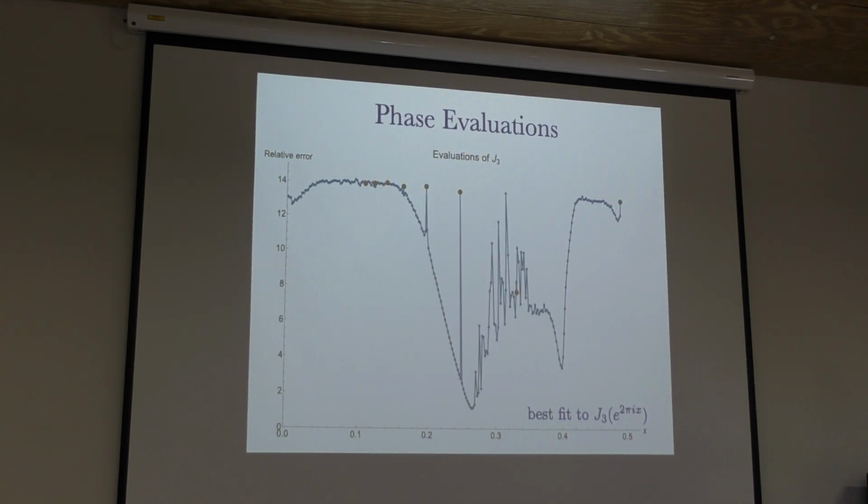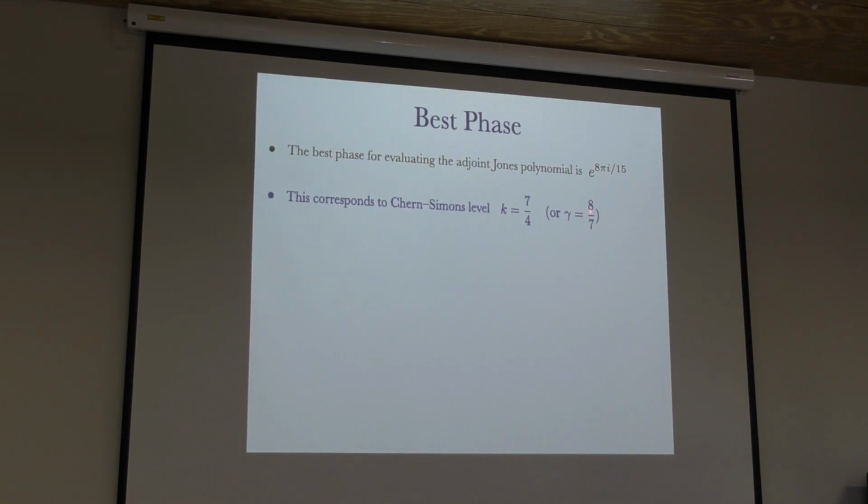You can also look at phase evaluations, and at integer values the prediction does very badly, but there's a best phase here. This best phase turns out to be 8 pi over 15 for the adjoint polynomial. This corresponds to a Chern-Simons level of 7/4, where gamma equals 8/7.